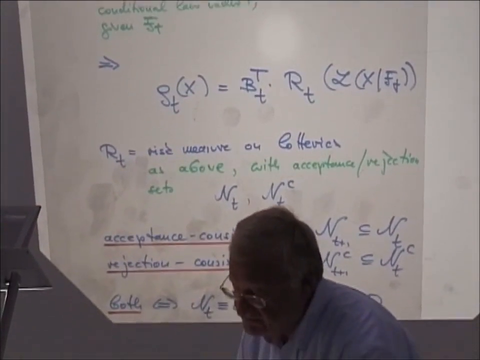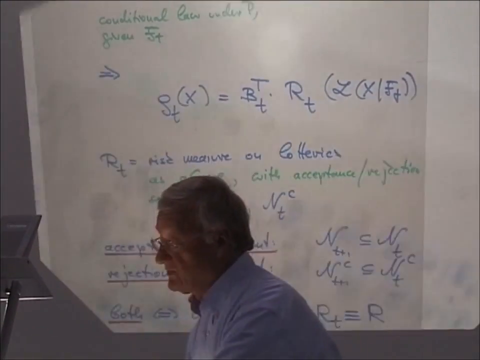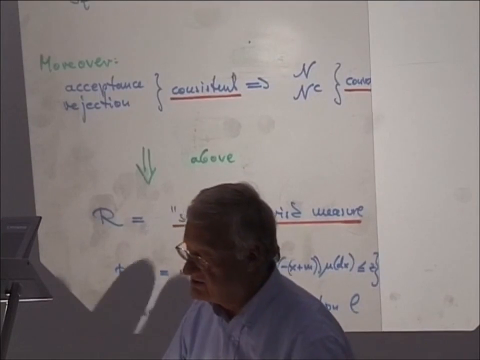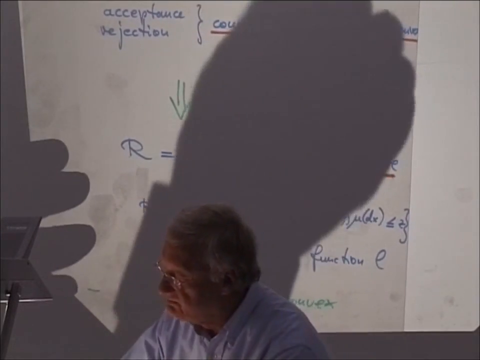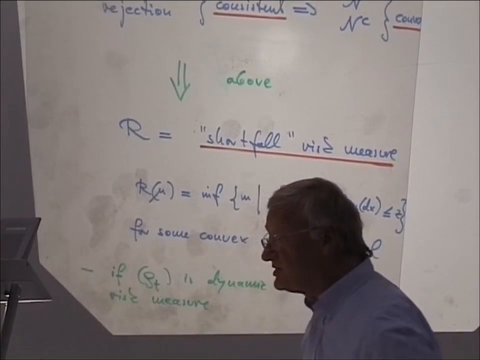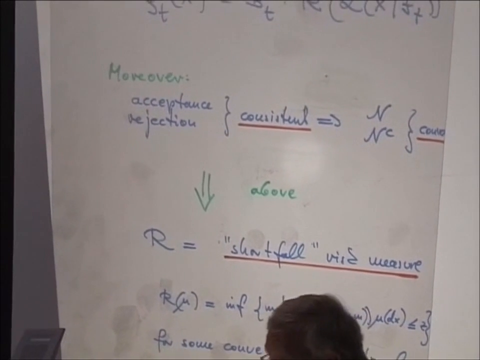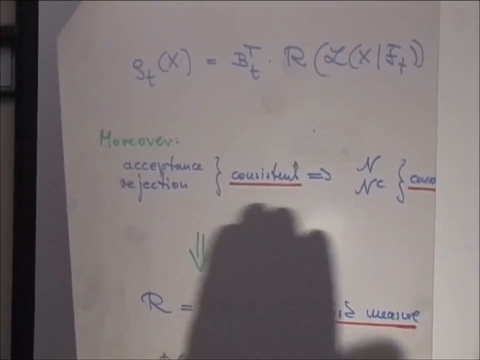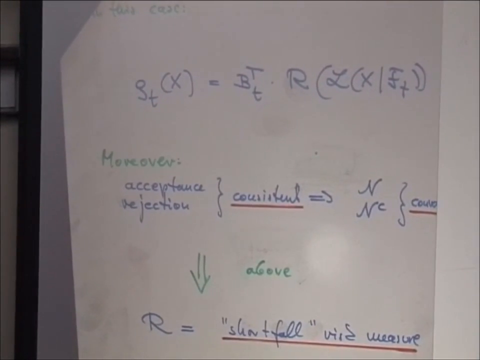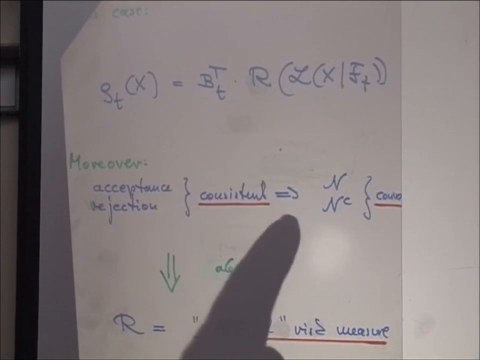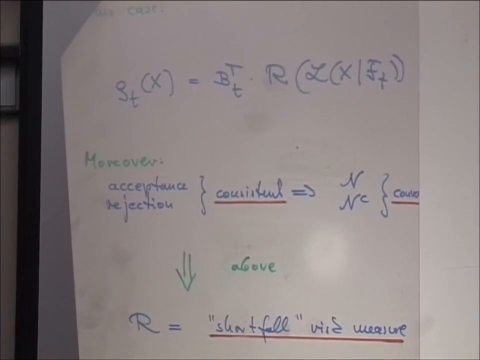And in this case, my risk measure has this structure, price of a zero coupon bond multiplied with this functional applied to the conditional distribution of x. Moreover, the consistency conditions imply now convexity.